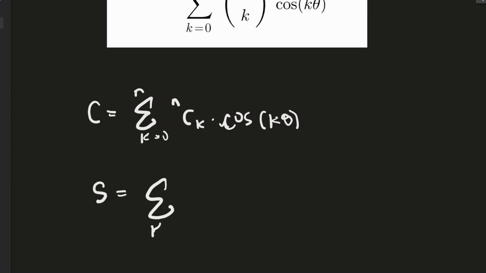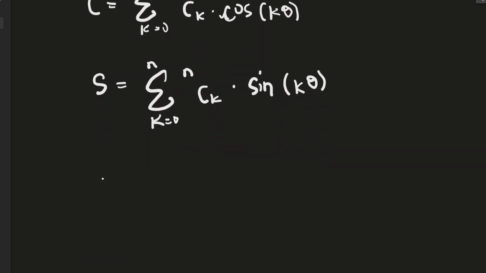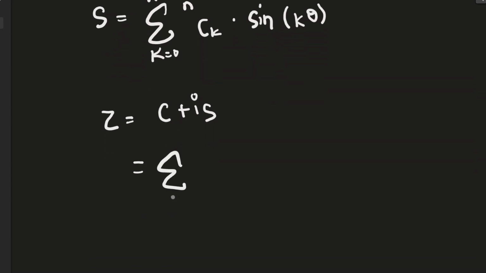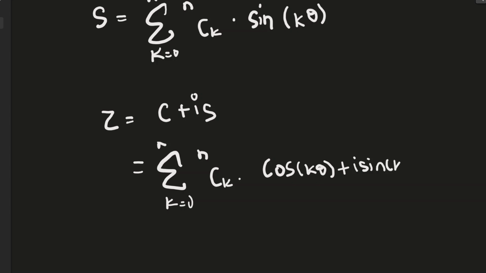So I'm going to define S as the same thing except for the fact that instead of cos k theta we have sin k theta. Now what happens by doing this is that I can define a complex number z which is C plus iota S, which is nothing but summation k running from 0 to n, n choose k times cos of k theta plus iota sin of k theta.